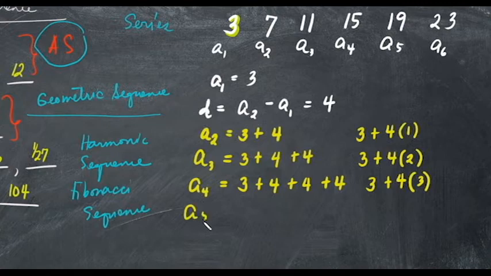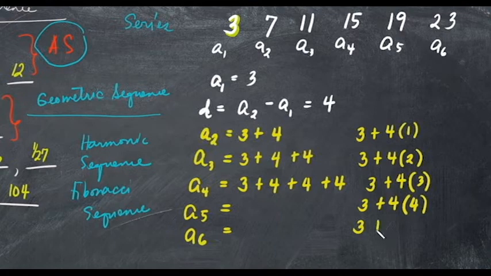Your a sub 5, we won't write it, is 3 plus 4 times 4. Your a sub 6 is 3 plus 4 times 5.